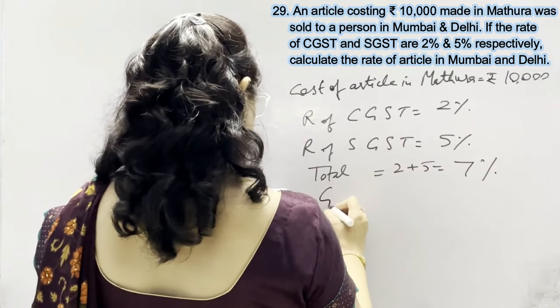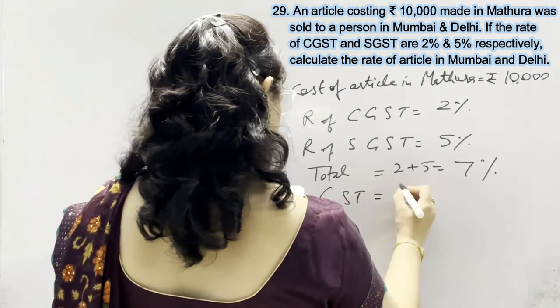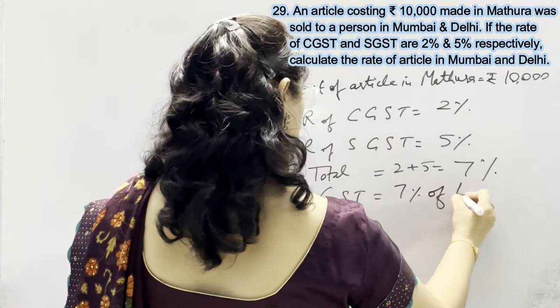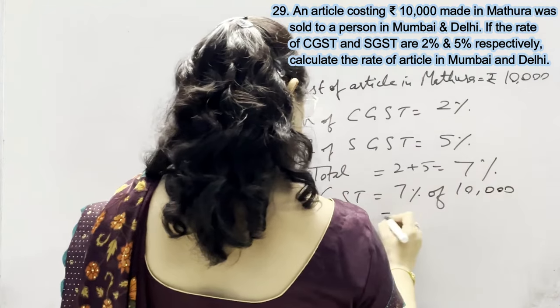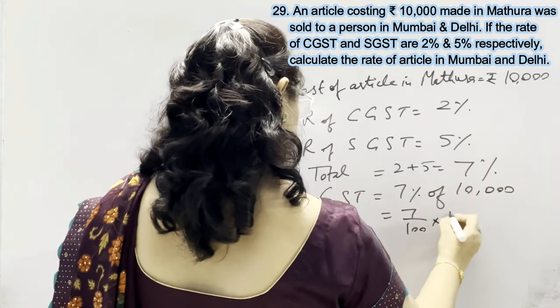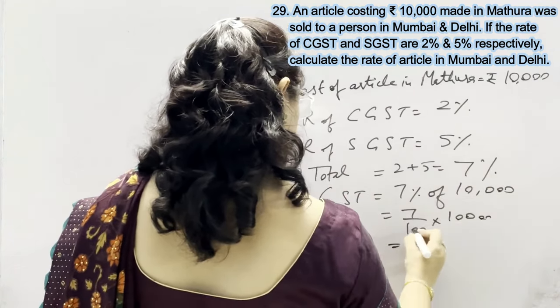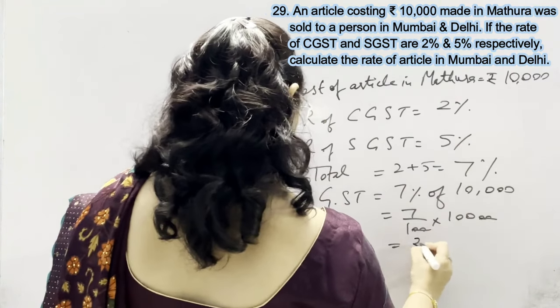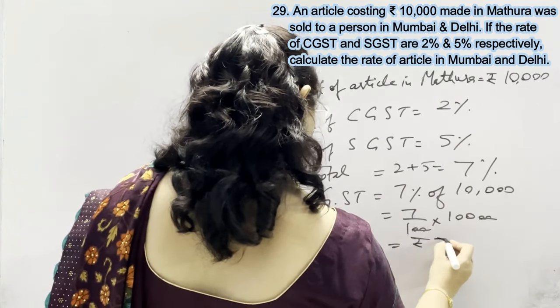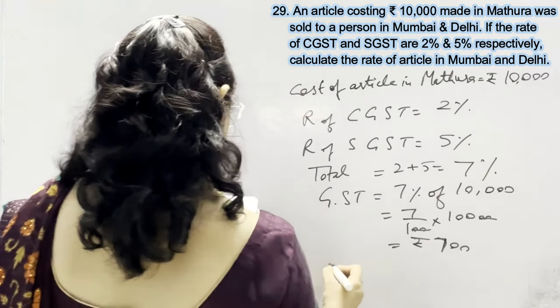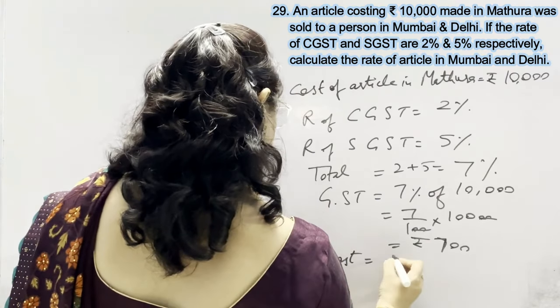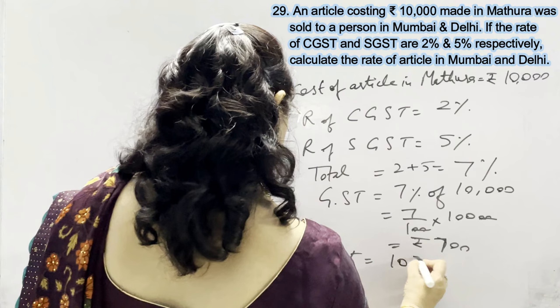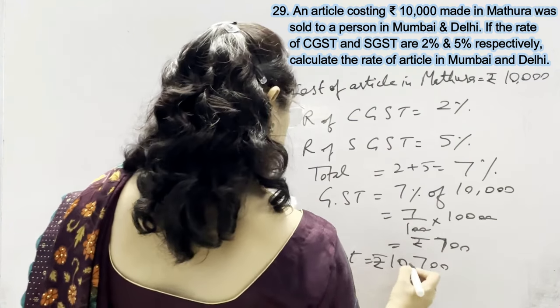Now the amount of GST paid is 7% of 10,000. It means rupees 700 we have to pay as GST. So total cost of article is 10,700 rupees.